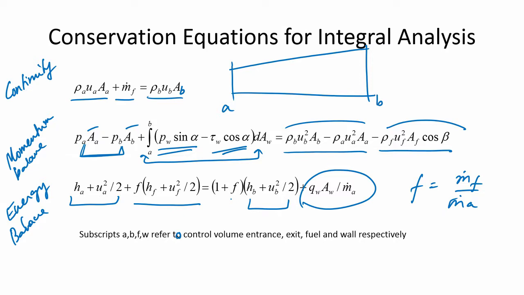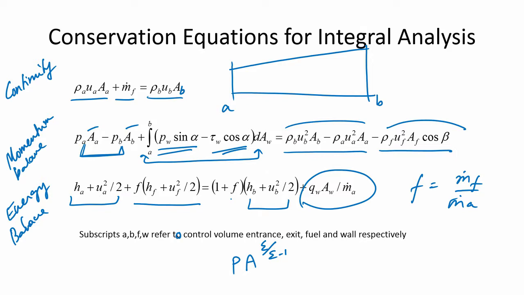For that, people use different things, like Crocco's pressure area tailoring, P times A divided by epsilon minus 1, where epsilon can be equal to 0, 1 and minus gamma M squared, depending on whether it's a constant pressure process, a constant area process or a constant Mach number process.